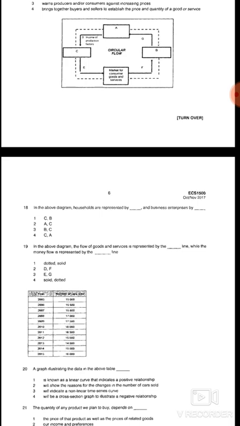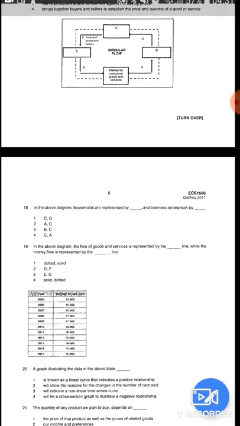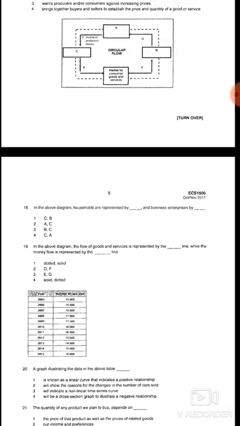So let's move with the dotted line starting from C. So from C we have the households. The dotted line, when it moves to A, means the households go to the market for factors of production at point A, where they provide labor. So this labor at point A will be employed by the businesses at point B.